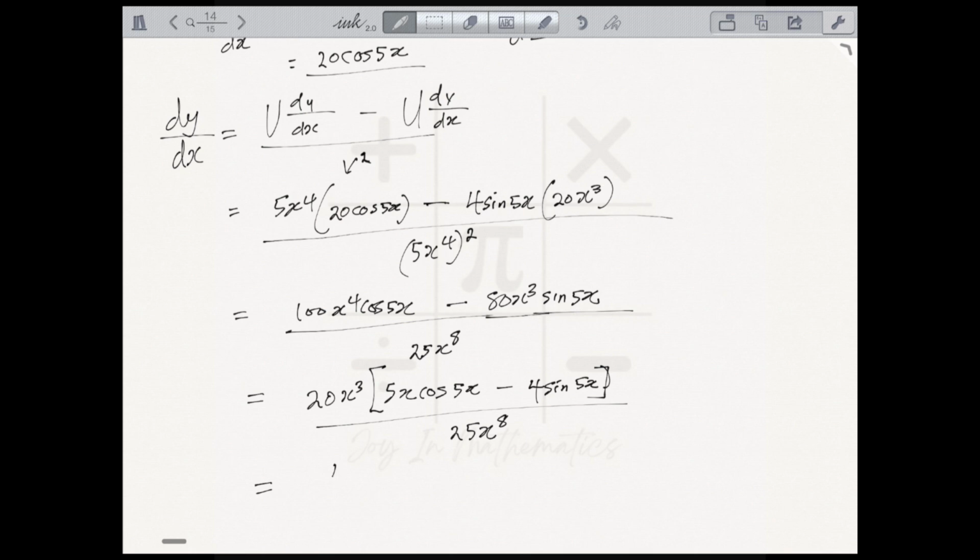Now this will give us 4 divided by 5x raised to power 5, because we are dividing 20x raised to power 3 by 25x raised to power 8, and we have in the bracket remaining 5x cos 5x minus 4 sine 5x.